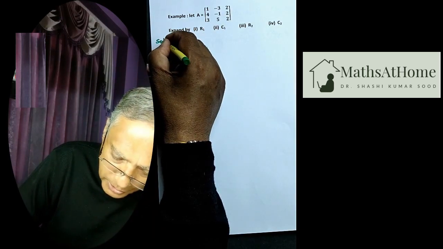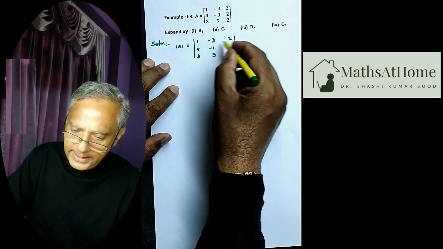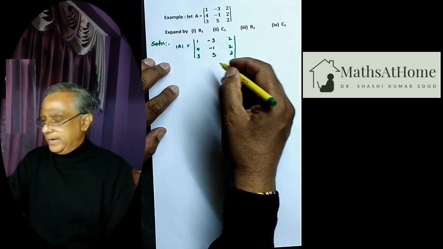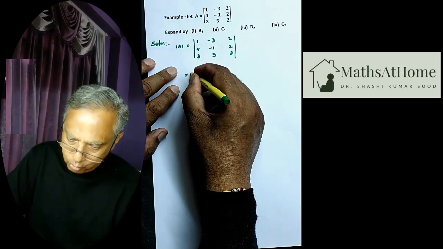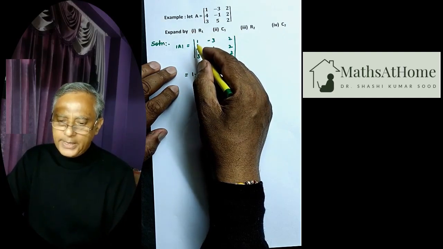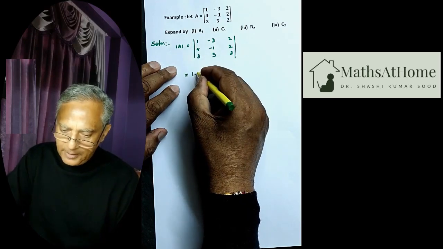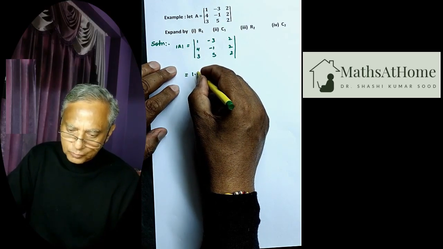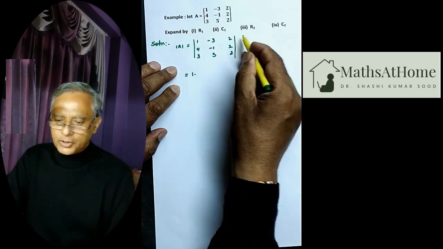So the solution is: now we have to expand it by R1. So this will be the first entry, 1, into its cofactor. The sign here will be positive.